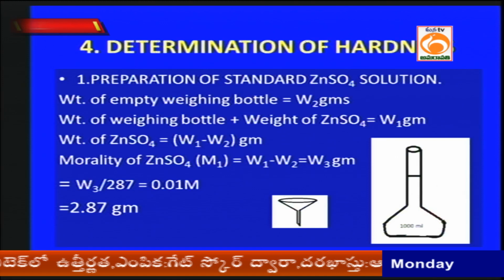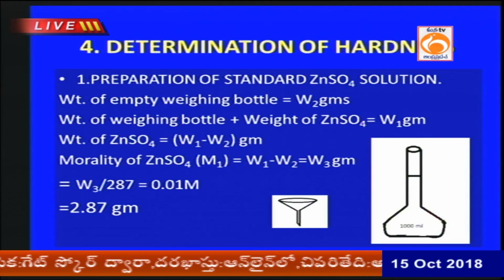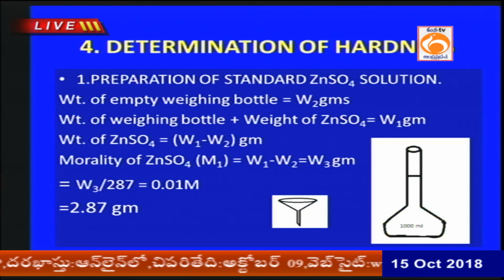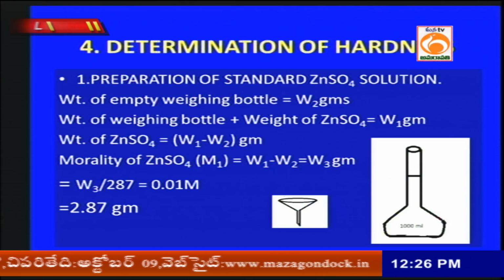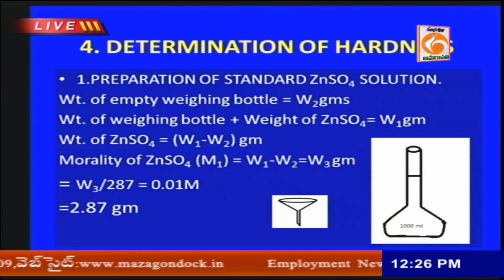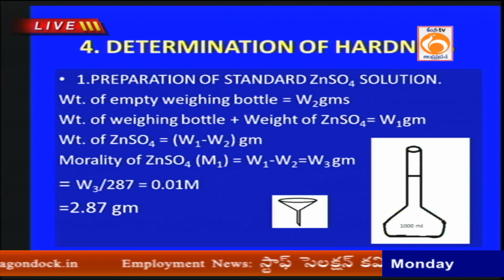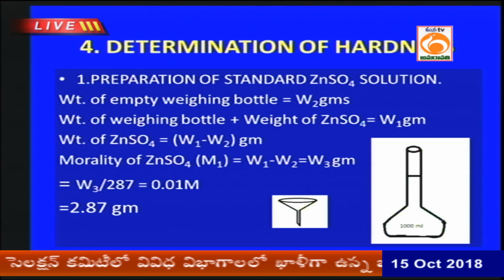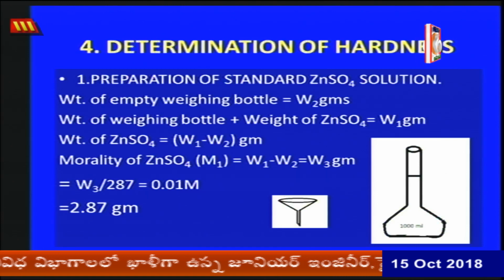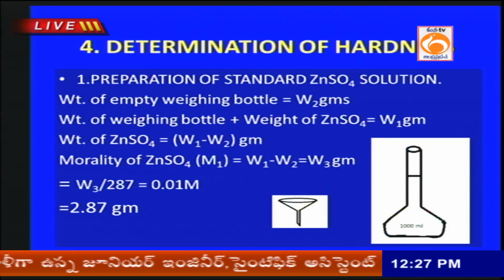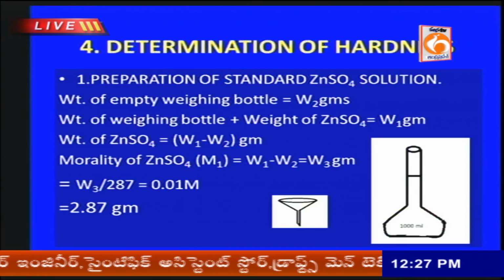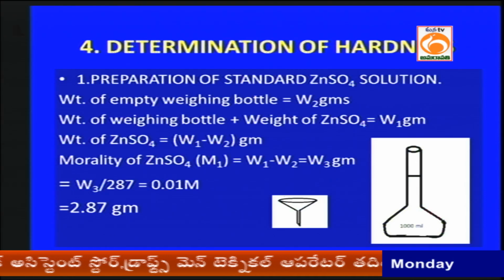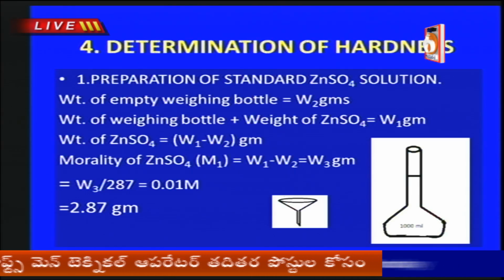Here we are taking a 1 liter volumetric flask. After transferring, we pour the water, make it up to the mark, and then we get the zinc sulphate solution. We have prepared the standard zinc sulphate solution of known molarity, 0.01 molar.